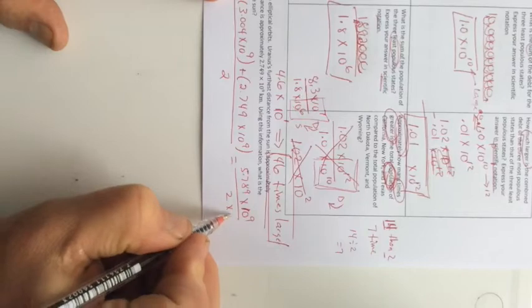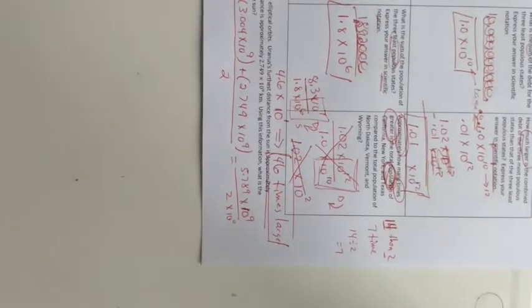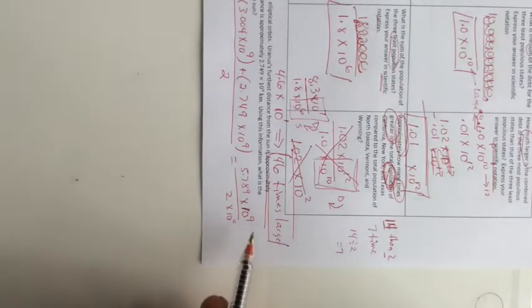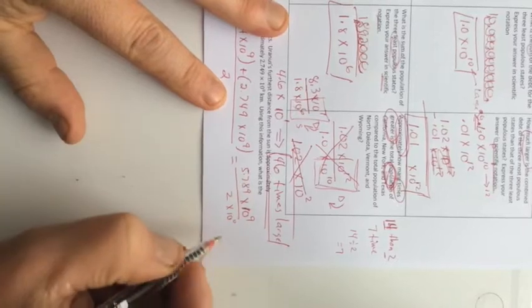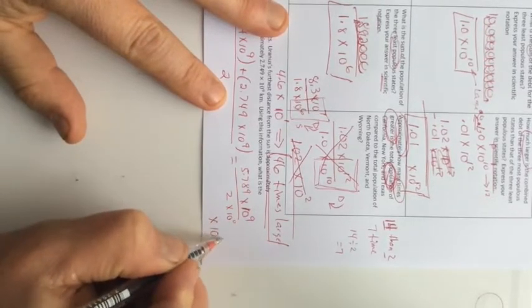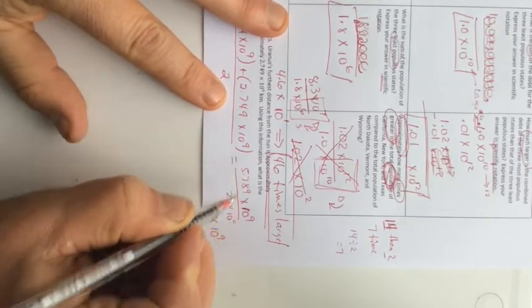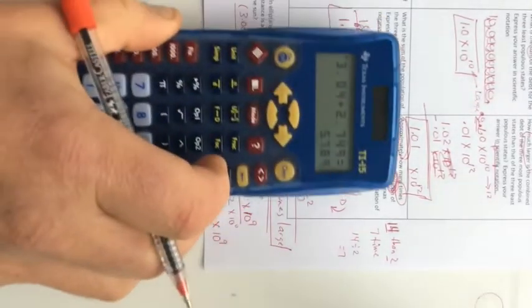Now technically the 2 is times 10 to the 0 because 10 to the 0 is just the number 1. So when I do the subtraction 9 minus 0, it's going to stay 10 to the 9. So really we're just going to be dividing this part by 2. So it's going to stay times 10 to the 9, and I need 5.789 divided by 2.